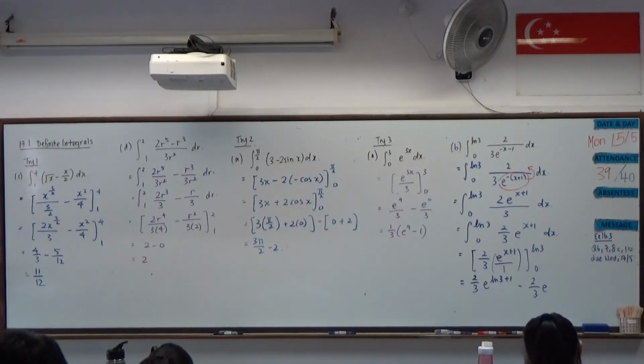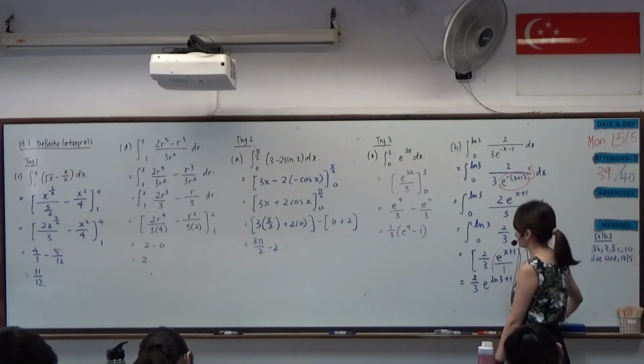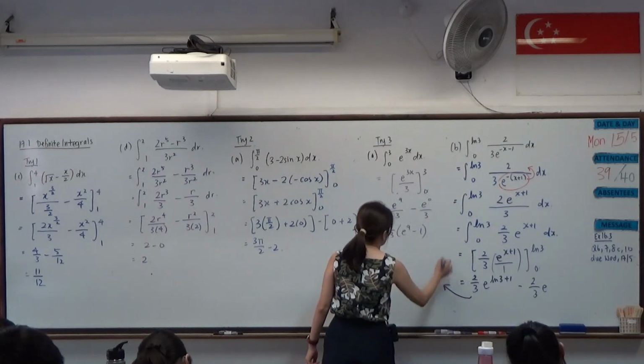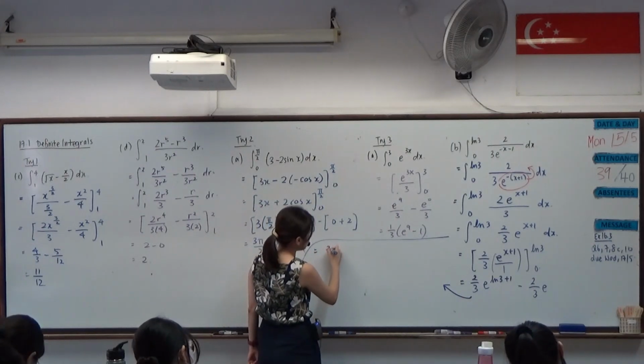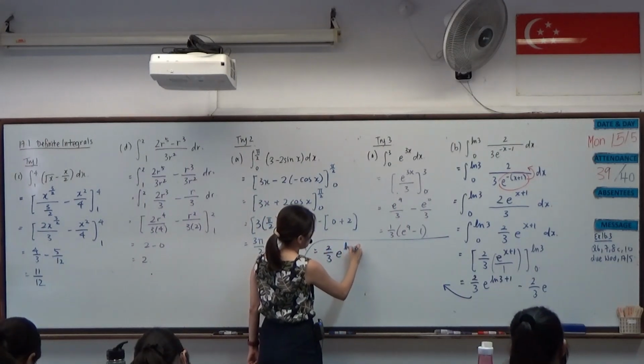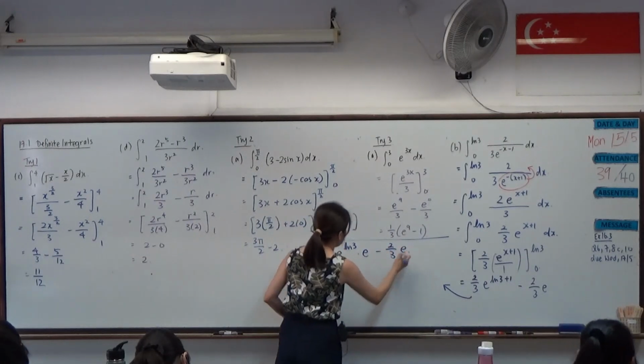And then if you want to leave it in exact, we will have 2/3 e to the power of ln 3 times e, minus away 2/3 e.